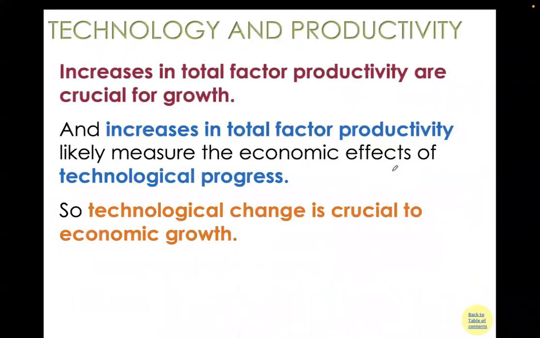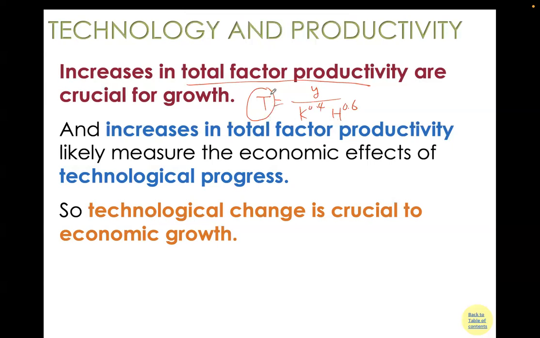But from this exercise, there are some important implications. First of all, increases in total factor productivity are crucial. Again, what is total factor productivity? Let me rewrite here. T equal to Y divided by K^0.4 H^0.6. Okay, so this is T. This is per worker, how much they can produce given the physical capital, given the human capital.